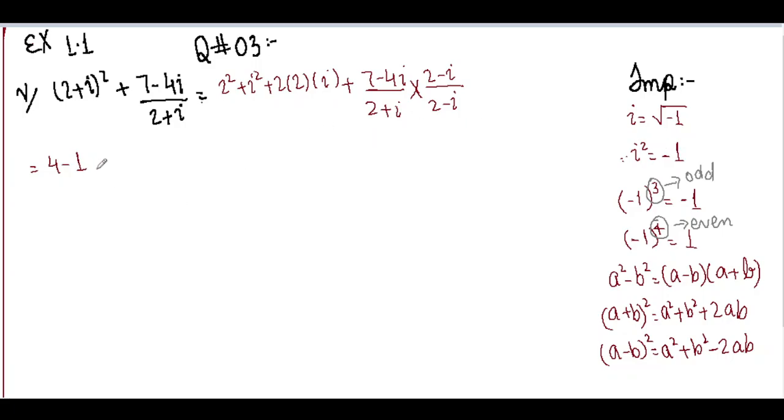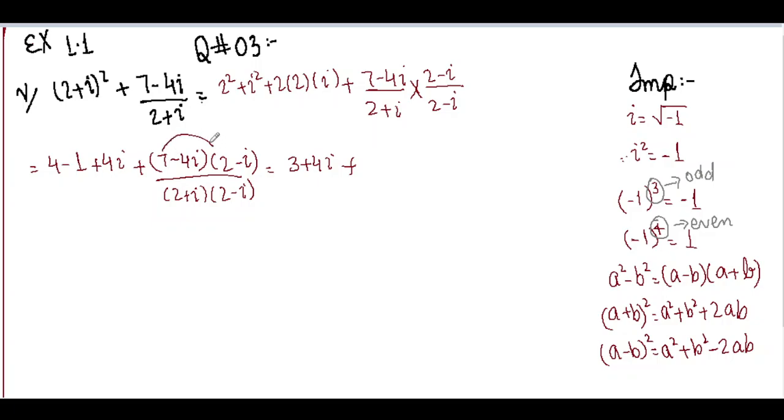So 4 − 1 + 4ι + (7 − 4ι) into (2 − ι) whole divided by (2 + ι) into (2 − ι). So here it becomes 4 − 1 is 3 + 4ι, plus 7 is going to be multiplied with the second complex number as a whole, and then again −4ι is to be multiplied with this whole complex number.